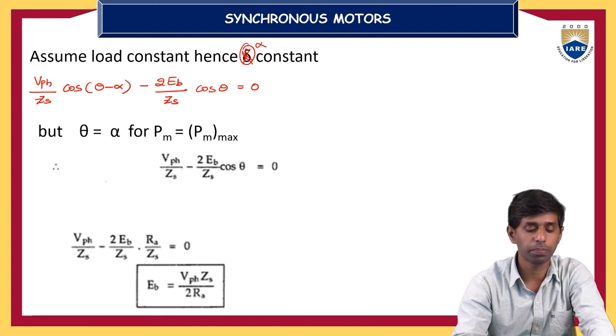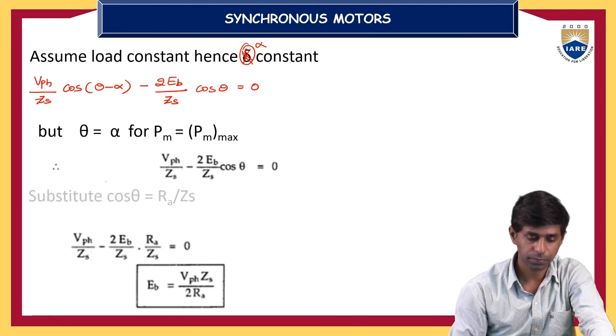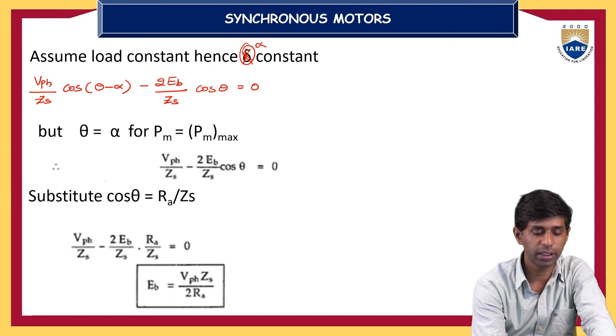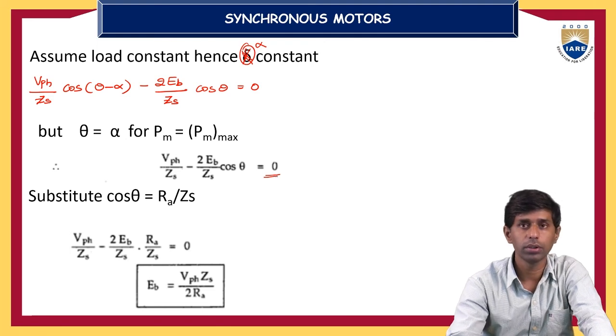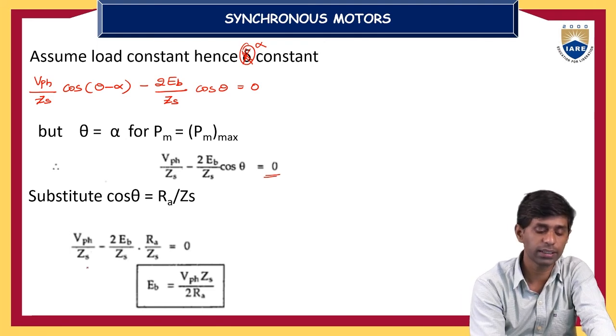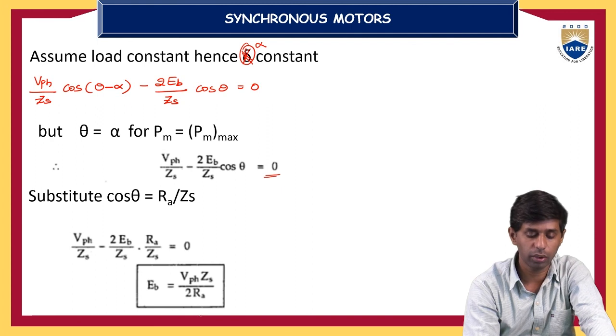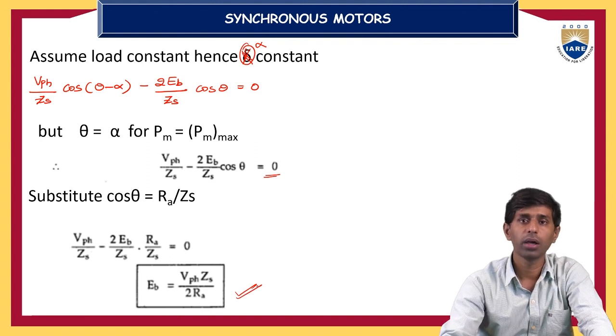So V phase by ZS, with theta becoming alpha, cos 0 is 1, minus 2EB by ZS cos theta equals 0. Substitute cos theta equal to RA by ZS. So V phase by ZS minus 2EB by ZS square into RA. From this you can write the expression for EB, which is equal to V phase ZS by 2RA.